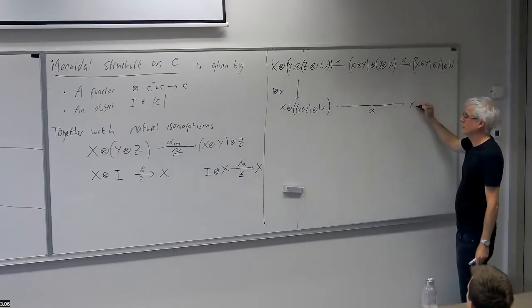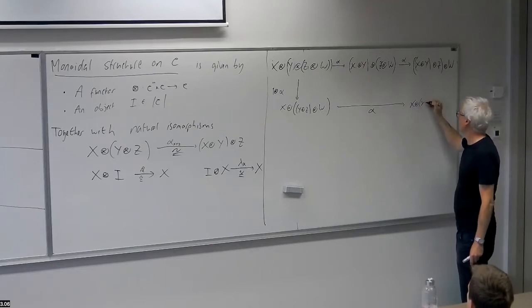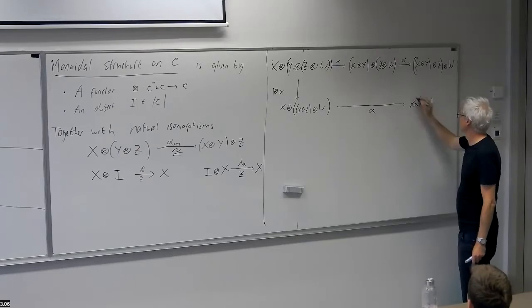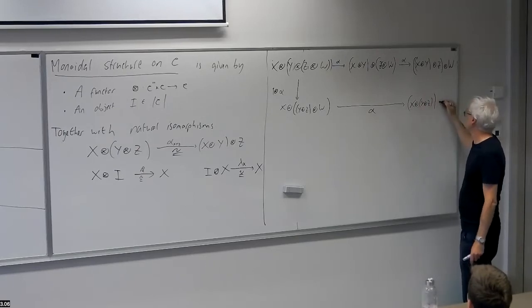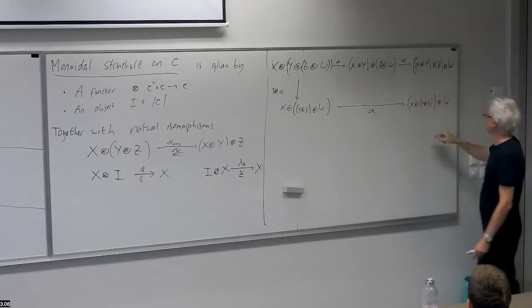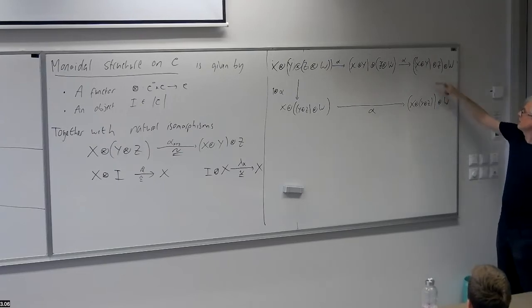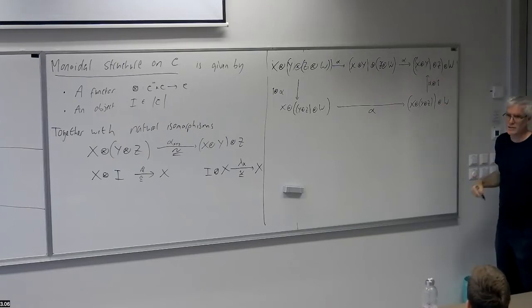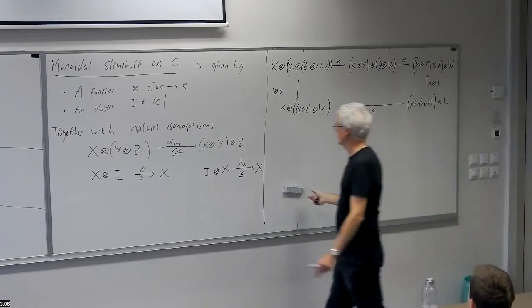So here we'll get X tensor Y tensor Z tensor W. And you see, we're not quite there yet, but just another associativity in here is going to do it, so here we have alpha tensor 1, the identity on W.